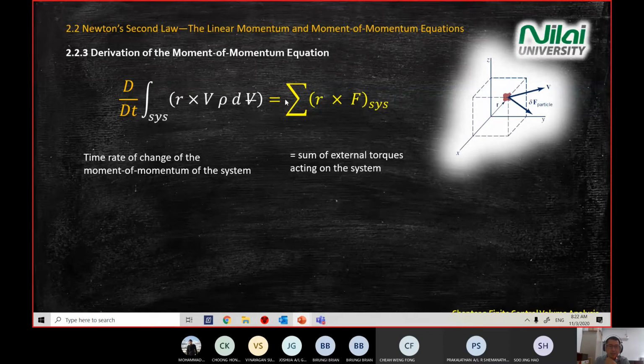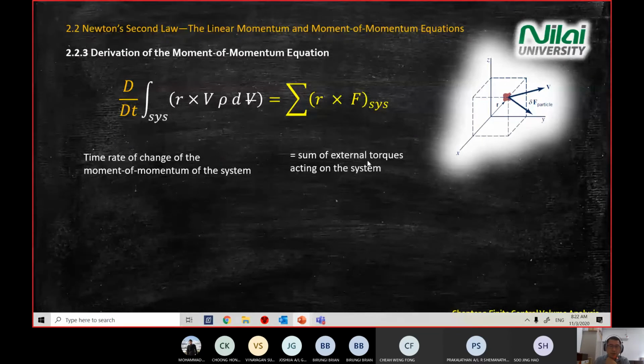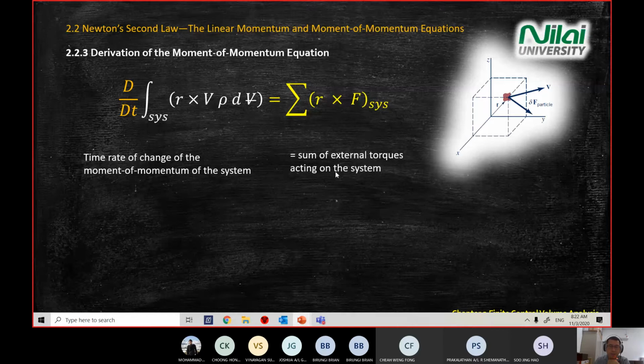And this is the sum of our external torque acting on the system. This is an important point. It refers to the external torque acting on the system. If you refer to the diagram, it means the external force acting on these particles that makes the particle accelerate, turn, or move in a certain direction.